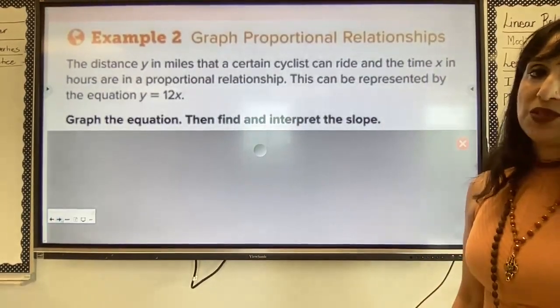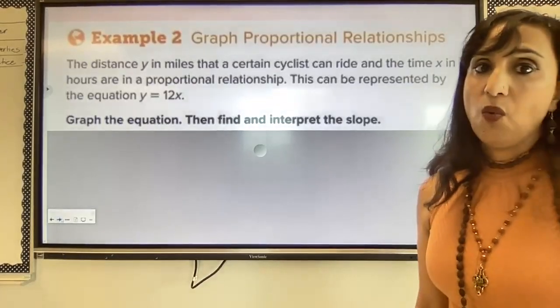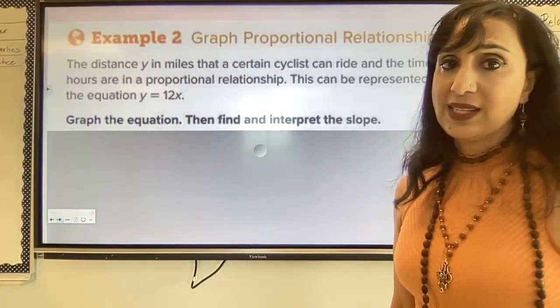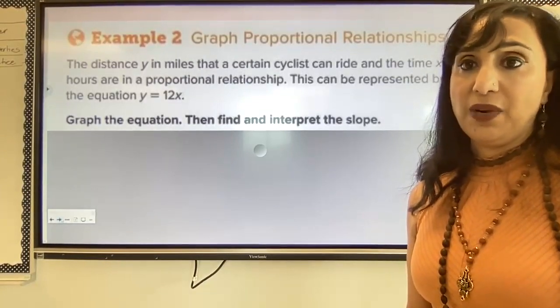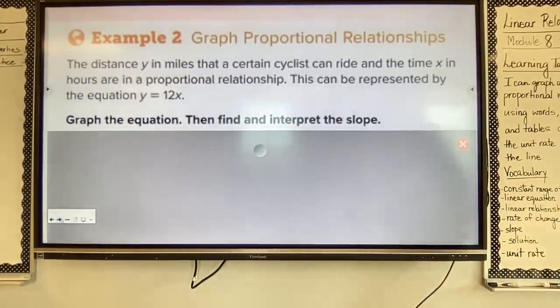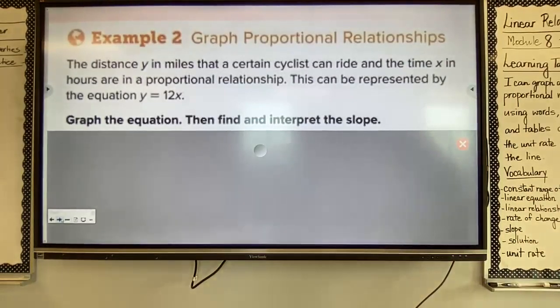This can be represented by the equation y is equal to 12x. Graph the equation and then find and interpret the slope. So the first thing, whenever we are doing problems like this, you are supposed to create a function table, or relationship table.